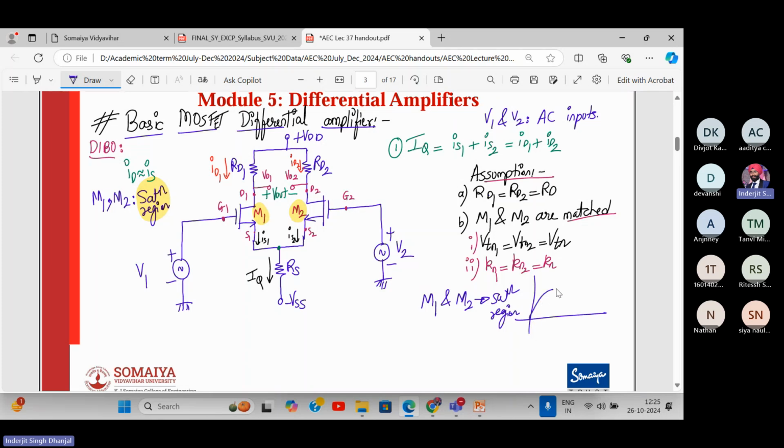If this is my device characteristics, it should be operated in this region. Remember this region? This is the output characteristics of the MOSFET. Agree or no?